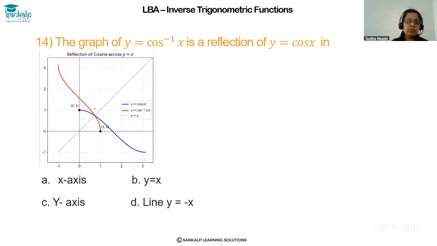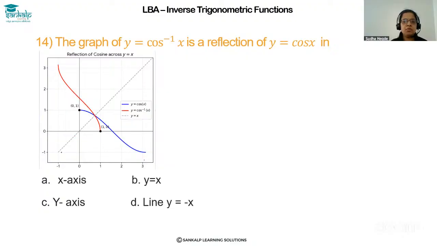Now see the graph. This blue line represents y is equal to cos x. The red line represents y is equal to cos inverse x. This dotted line represents y is equal to x.